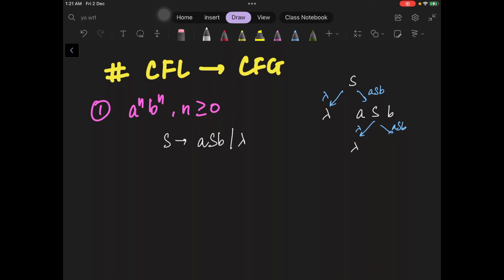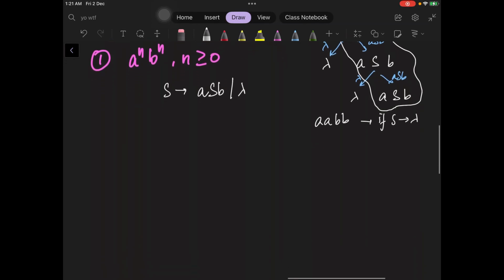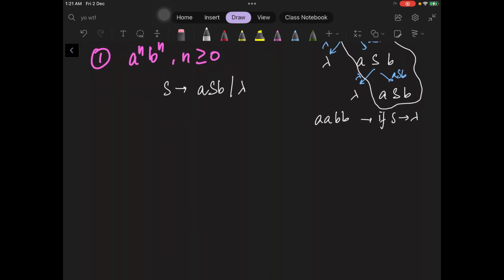So now you're getting epsilon again and then you're getting ASB. So to get the output, you basically go from here and then you go A S B B and then you come up. So basically that's A B B if S is lambda. Cool. So this is our answer.